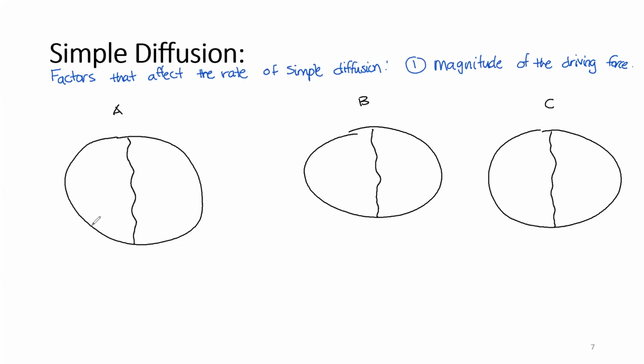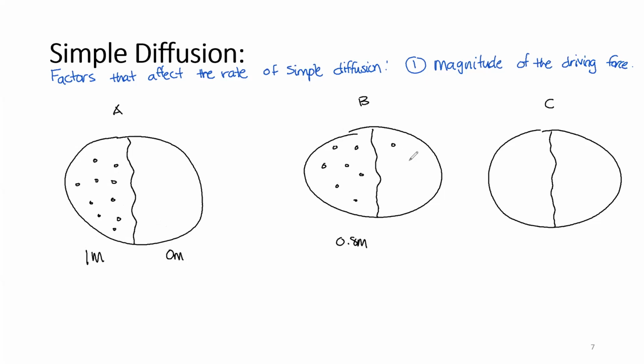On one side, let's start with scenario A or container A. On one side of this membrane, we've got 1 mole of particles dissolved in this solution. Okay, so that's our concentration on the left. On the right, we have 0 particles dissolved. So it's basically pure water. In container B, we've got, let's say about 0.8 moles of particle dissolved in this solution.